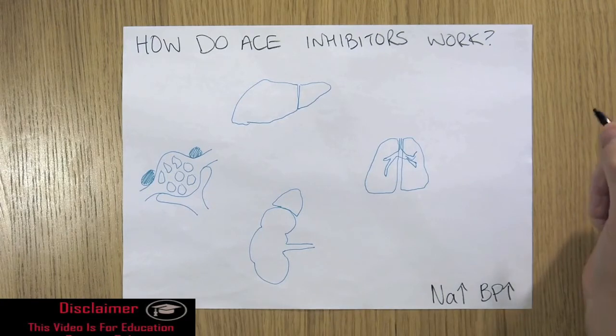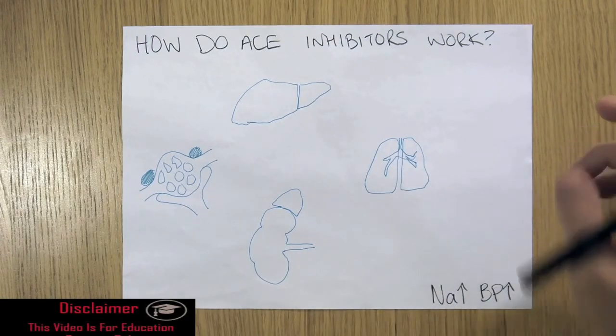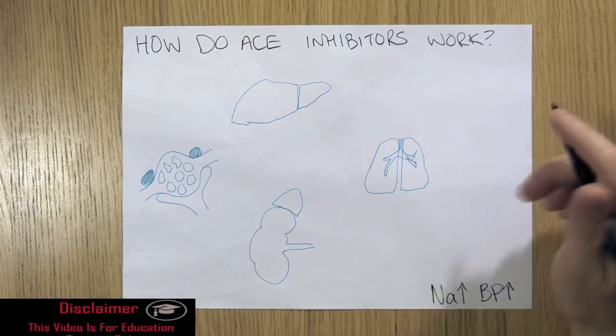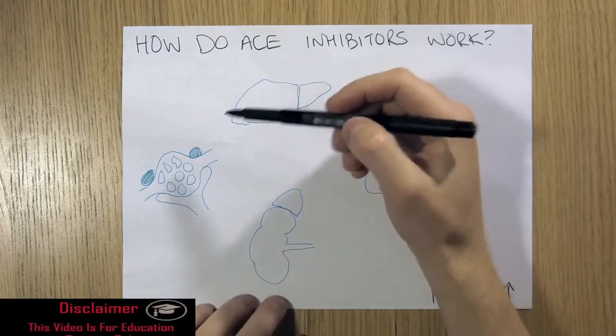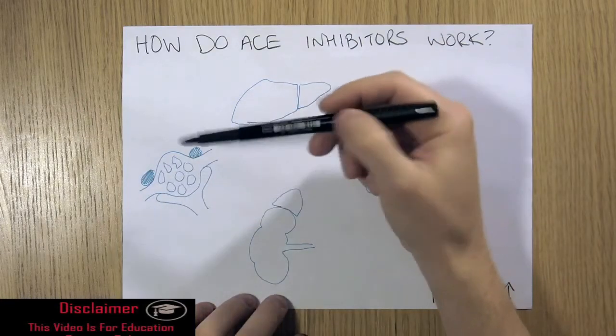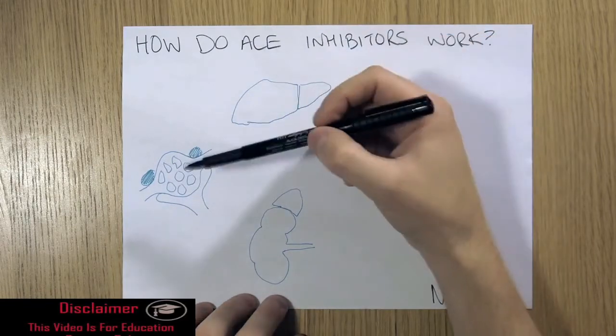So the next step to understanding this whole process about how ACE inhibitors worked is just to understand the renin-angiotensin system. So I'm going to quickly go through that now. And the story sort of starts over here. I'm sorry for my terrible drawing, but this is a glomerulus.